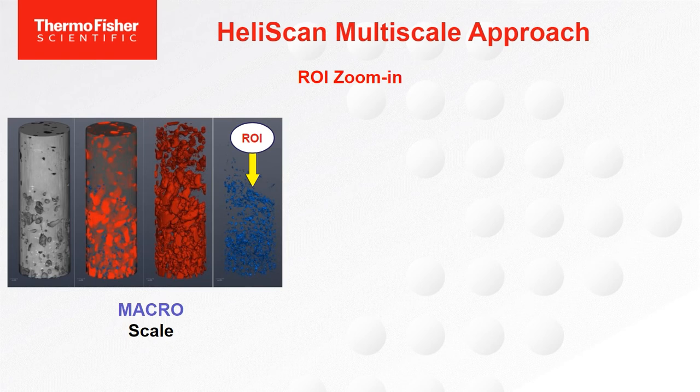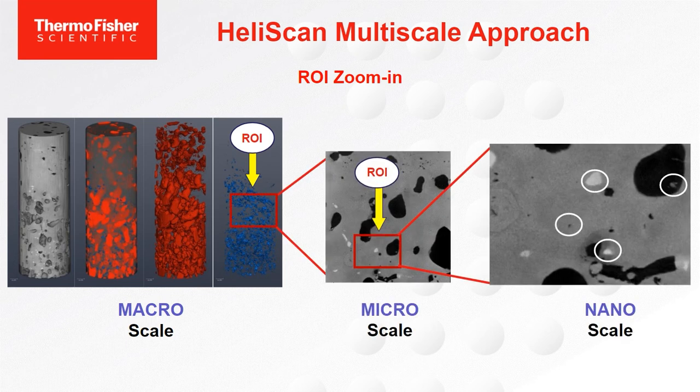So if you wanted to take an approach where you're using the HeliScan to be able to use higher resolution data to examine the structures inside, you would take that scale of data that you've acquired and you would look for a region where you want to zoom in and do a region of interest scan. And here we've shown you pick an ROI, a region of interest at that particular spot. So then we can do a subsequent zoom in scan and get higher and higher resolution to be able to look at the smaller scale structures.